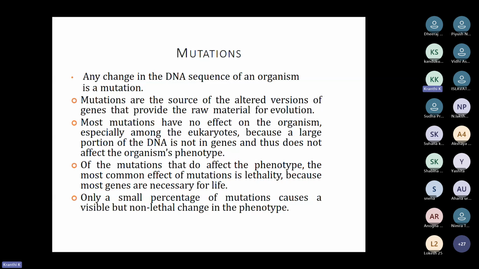see, if there is a small alteration in the gene, that may not affect us. Why? Because we have a lot of genetic material, right? The human body contains, I think, 10 to the power of 13 cells, with 3 into 10 to the power of 9 base pairs, right? So a total of 10 to the power of 16 cell divisions will happen.